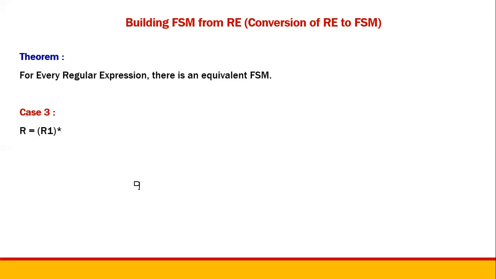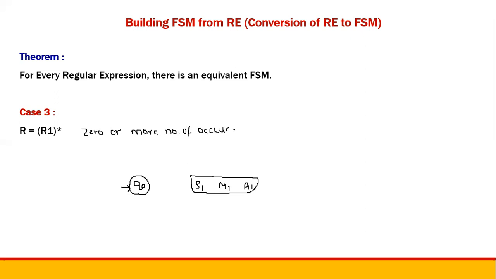I will start with Q0, and since it is R1 star, I have the machine M1, which has the start state and the final state. You know what R1 star is: it means 0 or more number of occurrences.